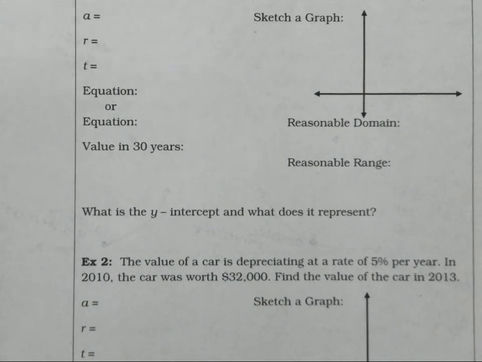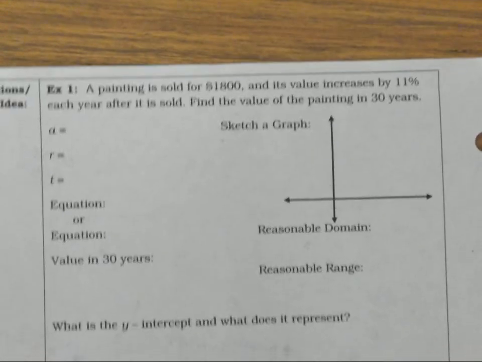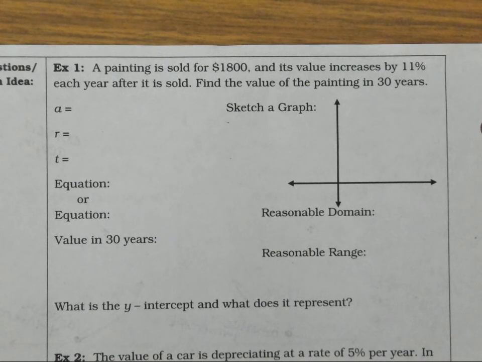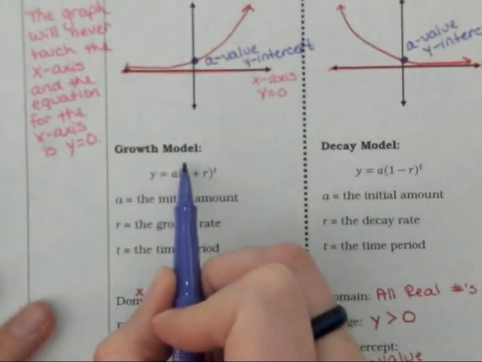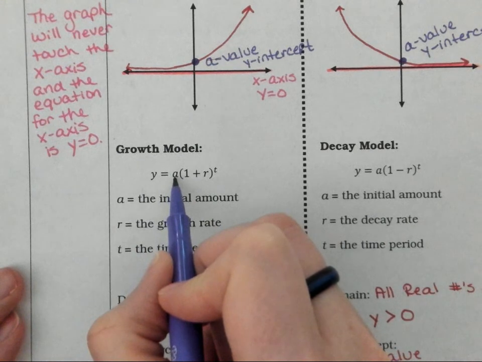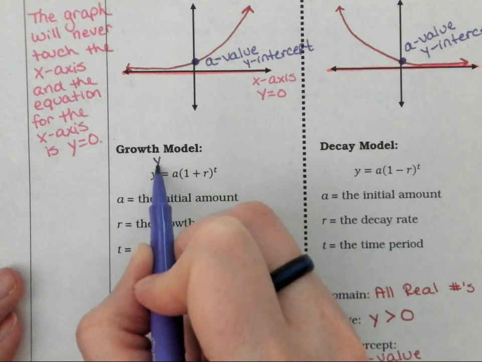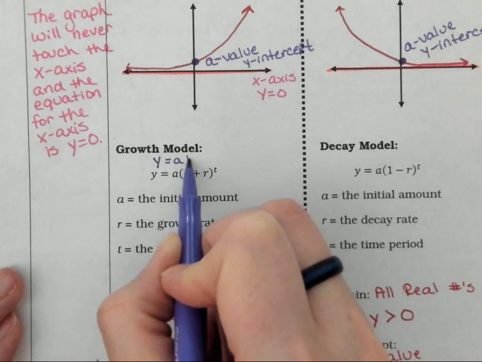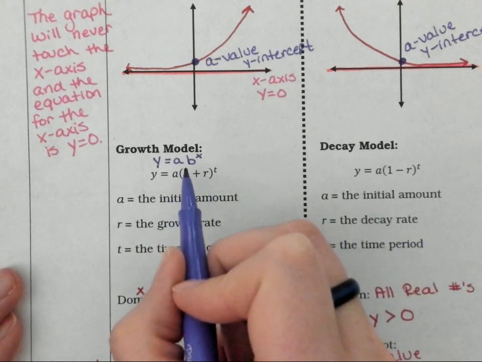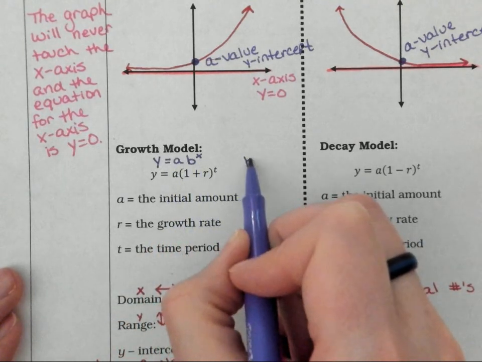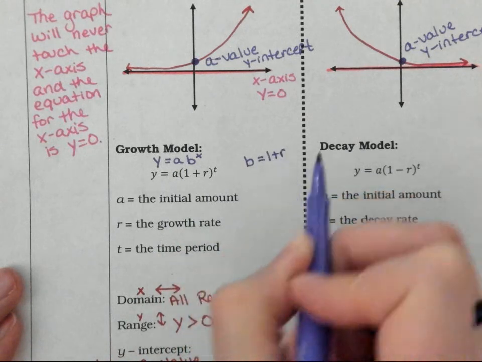Okay, on the back we have some word problems, and this will help put everything into perspective. And before I even move forward, I forgot to talk about these two equations. Growth model: y equals a times 1 plus r to the power of t. It's like saying y equals a times b to the power of x, where your b is that 1 plus r.